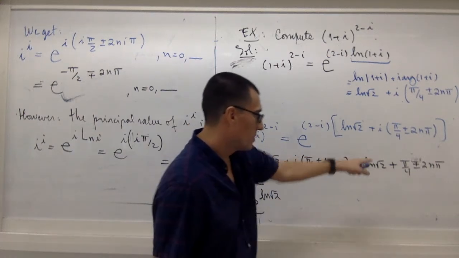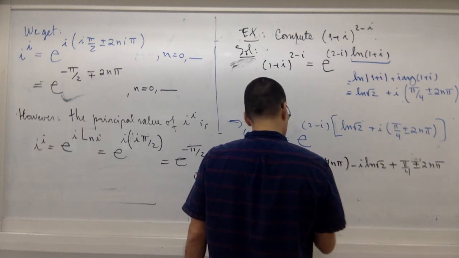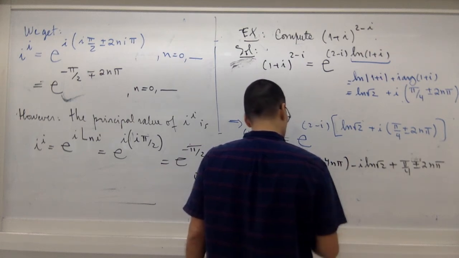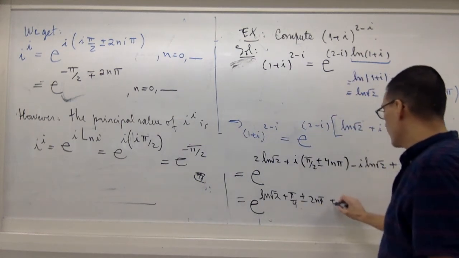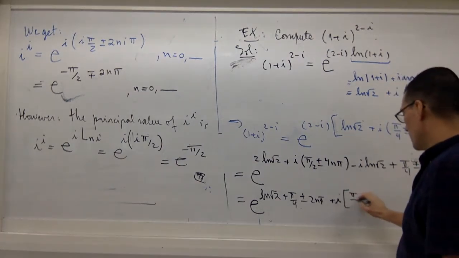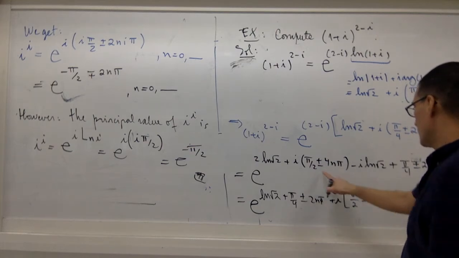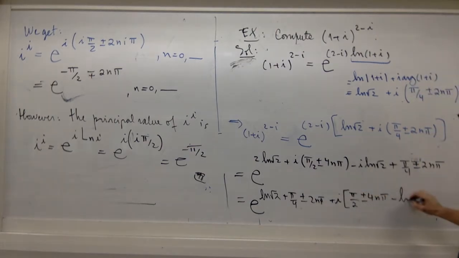The real part is ln of square root of 2, plus pi over 4 plus or minus 2n pi. And the imaginary part is pi over 2 plus or minus 4n pi, minus ln square root of 2. That's your imaginary part. Now this is exponentiated.